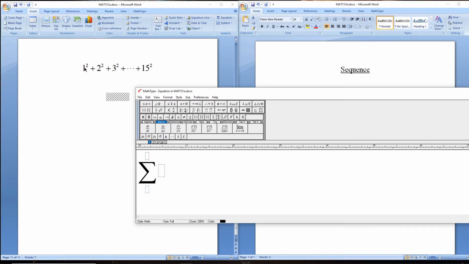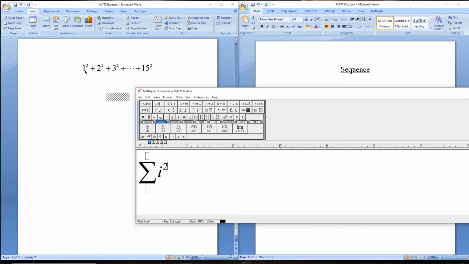So first off, notice everything is going to be squared here. So all the exponents are 2. And notice the base increases by 1. So it goes 1, 2, 3, 4, 5, 6, 7, 8, 9, 10, 11, 12, 13, 14, 15. So what's happening here is we have the base, which is what's changing, but the exponent stays the same.